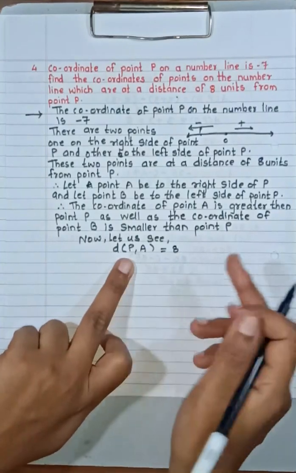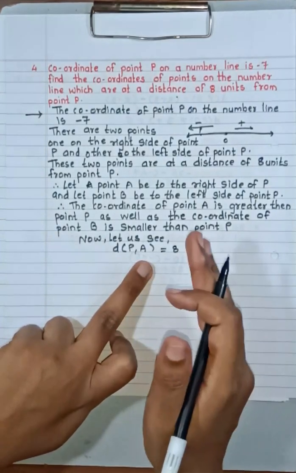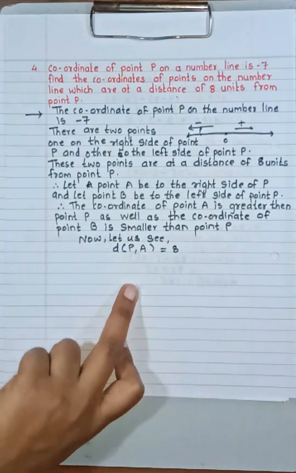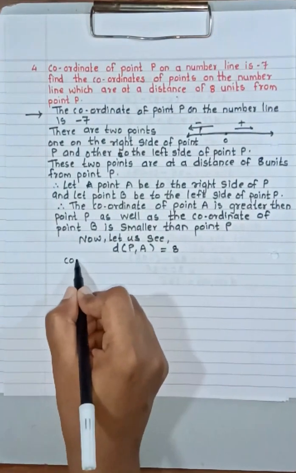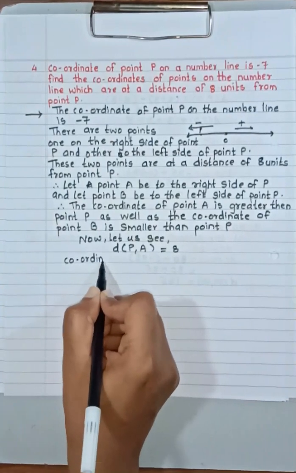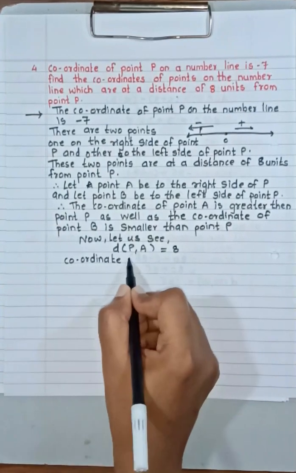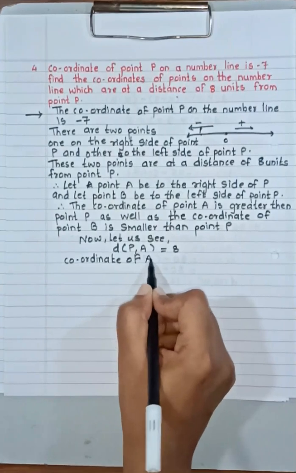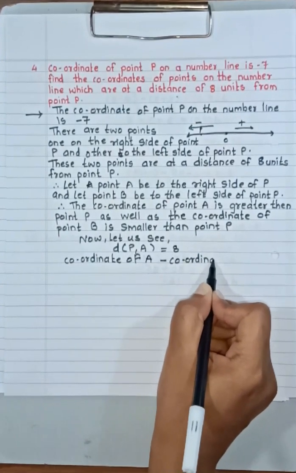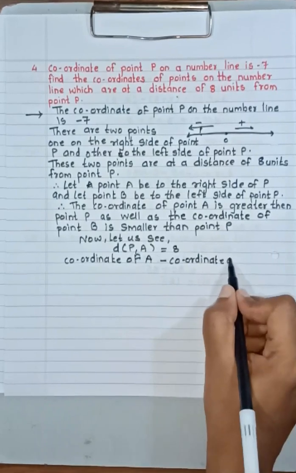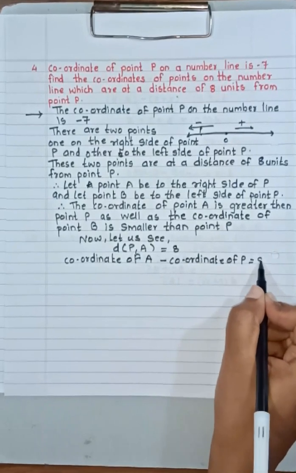P you know, and A is from P 8 units forward. Therefore coordinate of A minus coordinate of P is equal to 8.